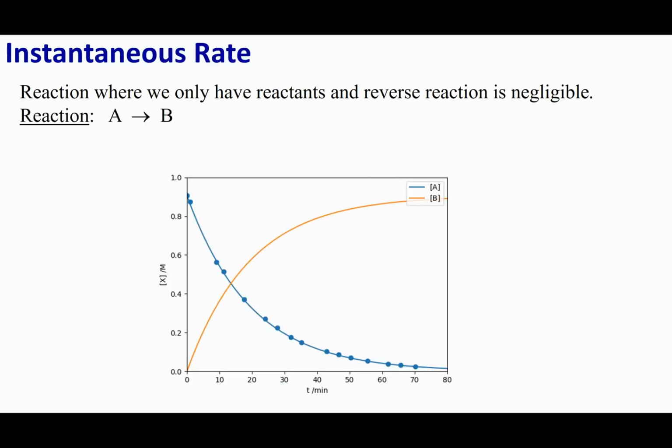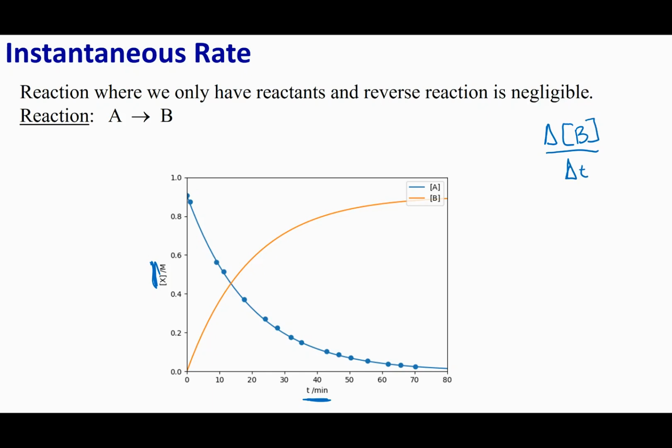So let's go ahead and remember how our reaction proceeds. So again, here's time on the x-axis. Here is concentration on the y-axis. A is going to be our reactants that are decreasing over time, and B is going to be our products increasing over time. Now, what I told you guys was the rate is going to be the change in concentration of B over the change in time.